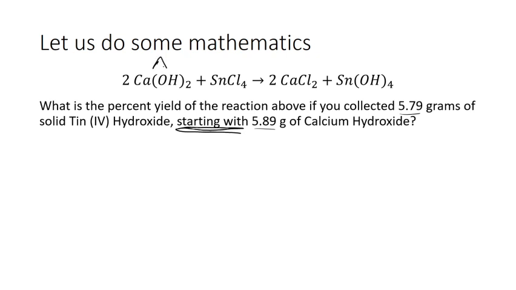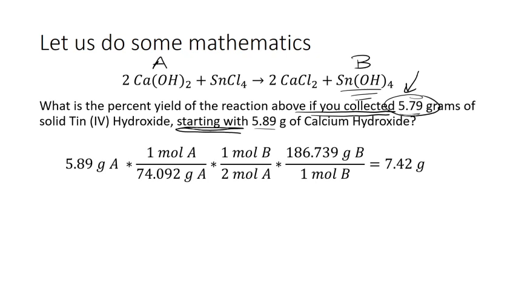So this is going to be our A. And we're looking for tin hydroxide because it says if you collected. So that's what it's telling you you got from the lab when you did this lab. And now we want to know what the percent yield is for that. So we need some theoretical number to compare against this number that we collected.